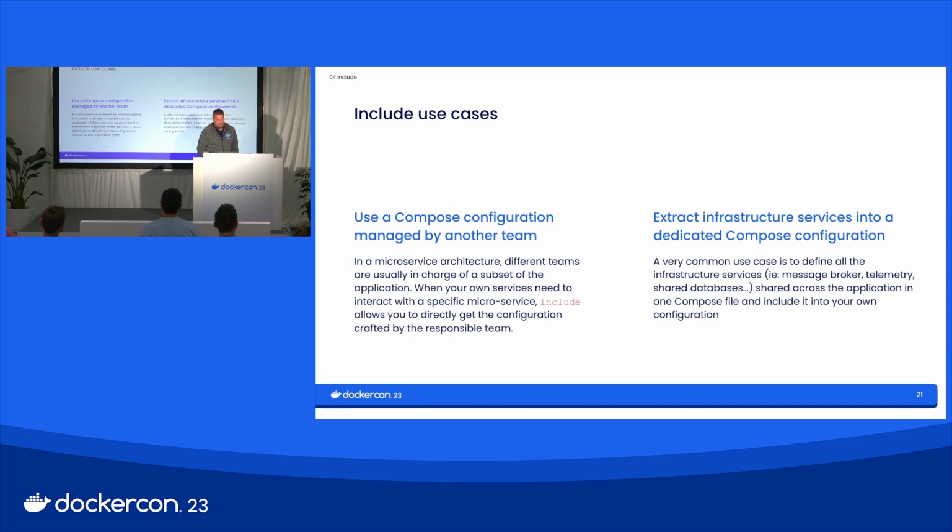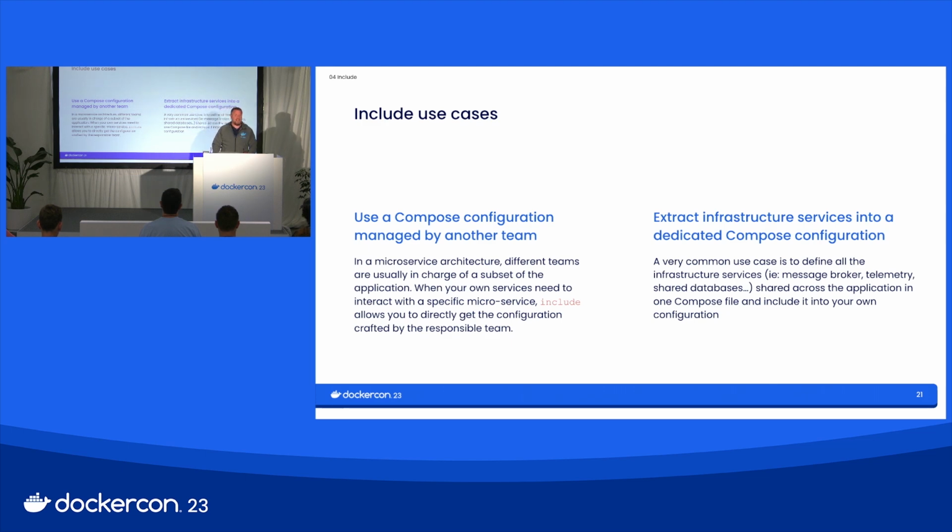The other use case we target with that feature is all the infrastructure services you may have in your application: message broker, telemetry, shared databases, everything that will be used across microservices in your project can now be declared once somewhere and used by all the other microservices.